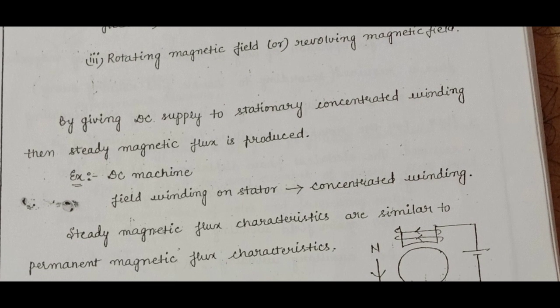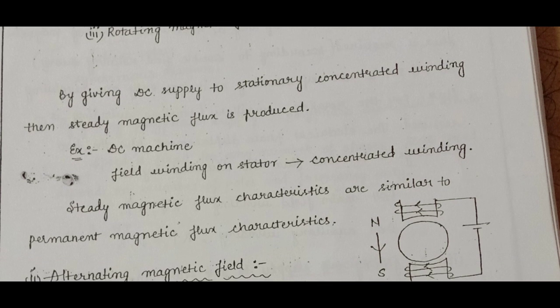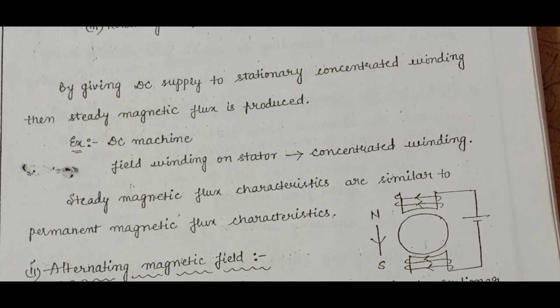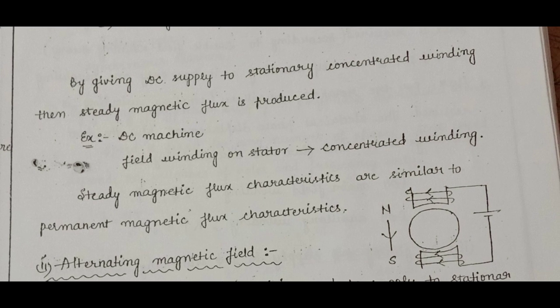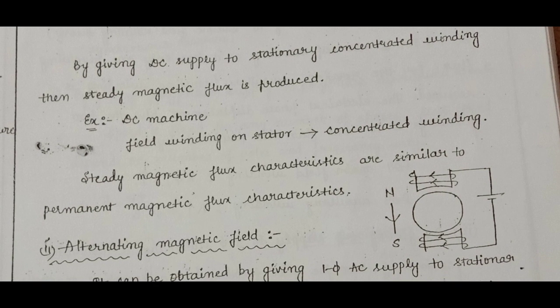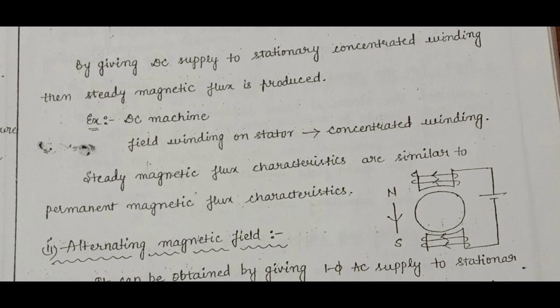By giving DC supply to the stationary concentrated winding, a steady magnetic flux is produced. So in DC machines we use the concentrated winding, and in AC machines we use the distributed winding.